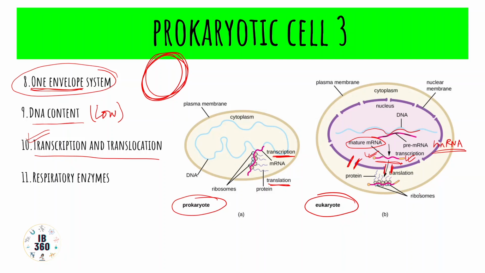It will encounter some ribosomes, and there the translation will begin. So transcription has a different site, translation has a different site, but the situation is not the same here. Both transcription and translation take place in the cytoplasm. No proper boundary system is present, so both are taking place simultaneously.